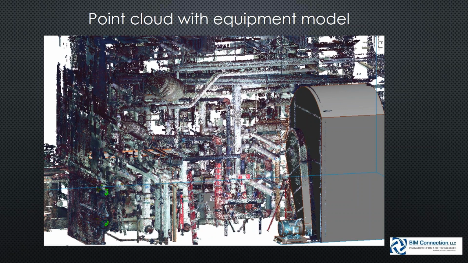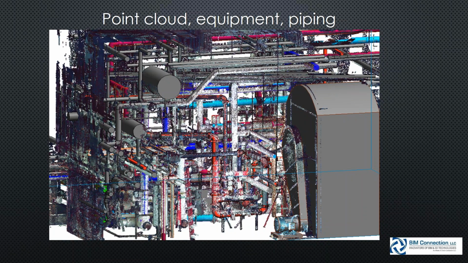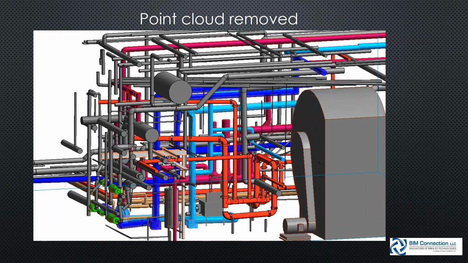Next slide. And we run the point cloud through Edgewise and recognize all the pipes, ducts, walls, and structural elements. Next slide. So now we can remove the point cloud and we've got a perfect 3D as-built.